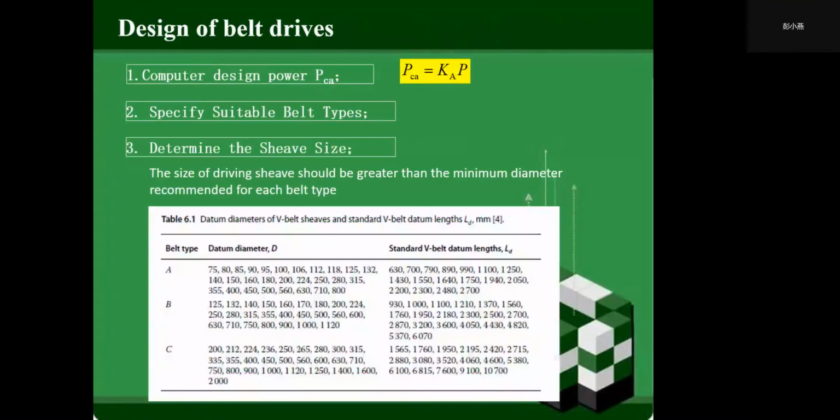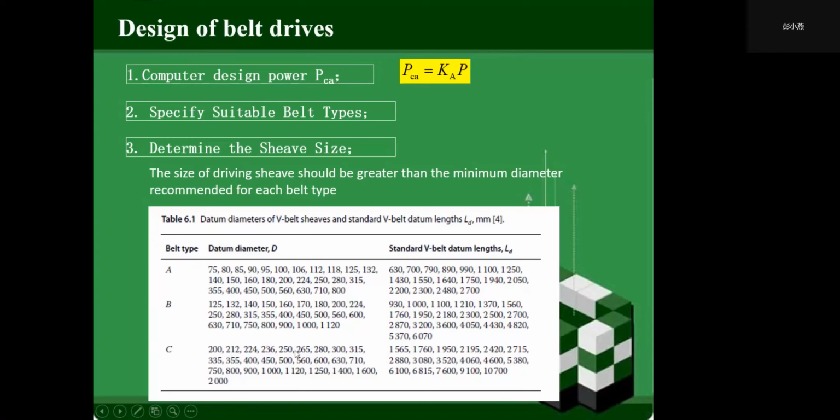Then from this table, you can find the table in your textbook, we can choose type C, and the diameter should be larger than 200 and less than 350. Then we can choose 200, 212, 224, 236.